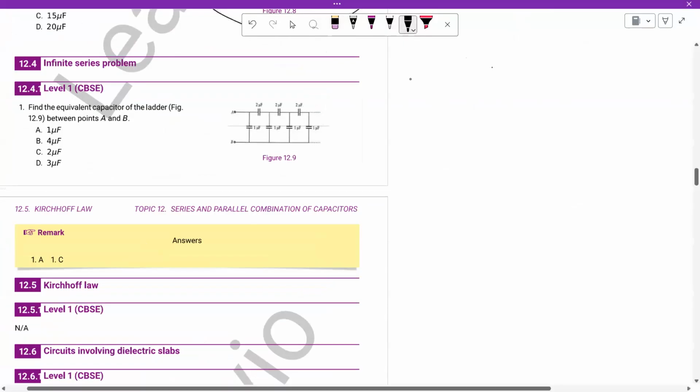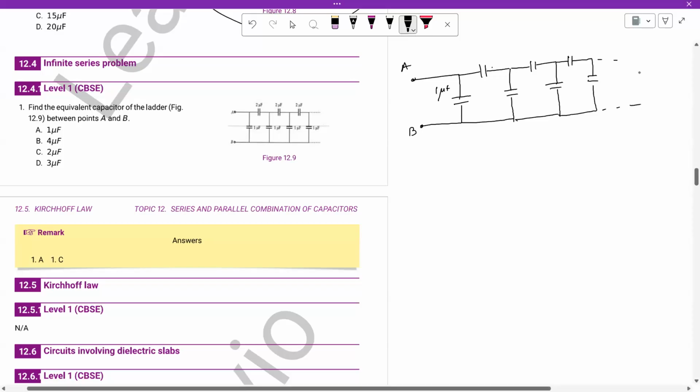It goes like this: A, and this is 1 microfarad, and then this is B, and then this 2, and then again 1, and so on. So this is the infinite series problem.